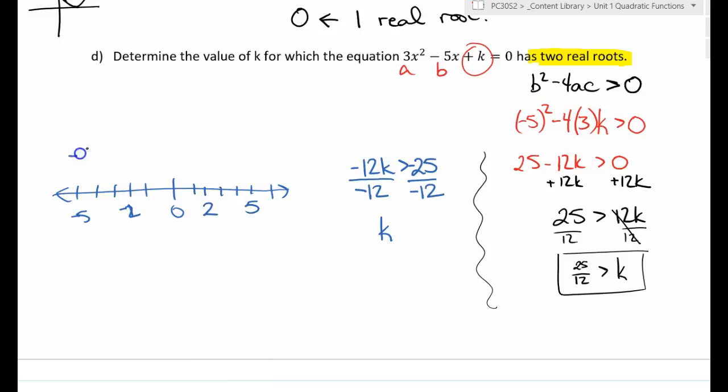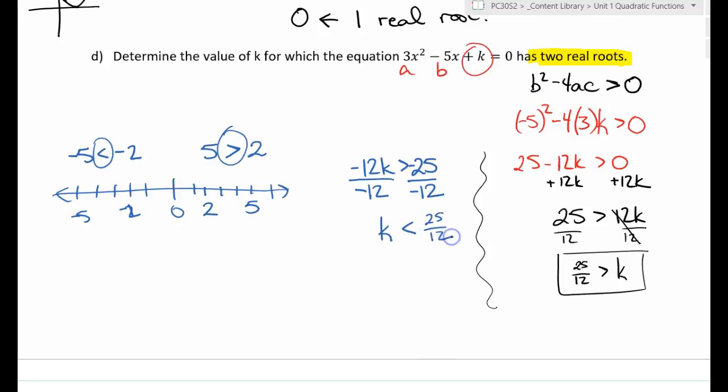Well, -5 is less than -2. But when we change their signs, +5 is greater than +2. So by changing the signs, I actually have to change my inequality. So whenever I divide by a negative, I have to flip the inequality the other way.